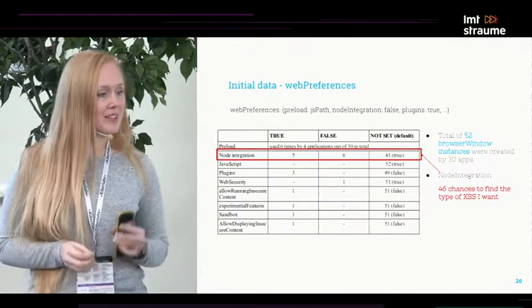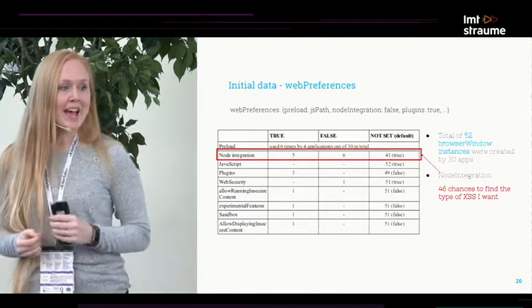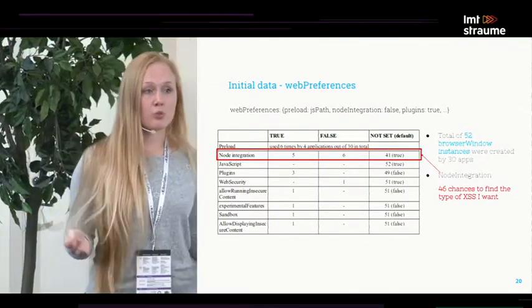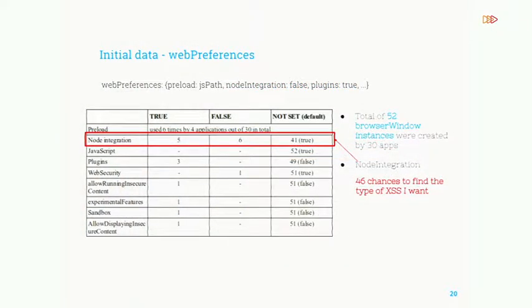This assumption actually proved to be true, as in 52 browser windows which were created in those 30 applications, in 46 cases it was literally by the book. Nobody had really gone there and set it to false or true or anything. It wasn't there.